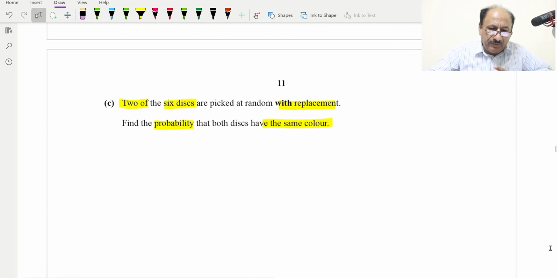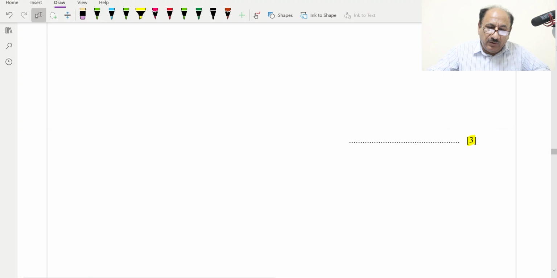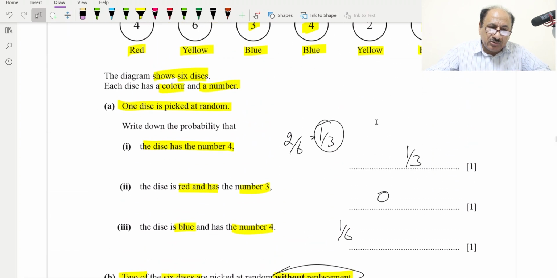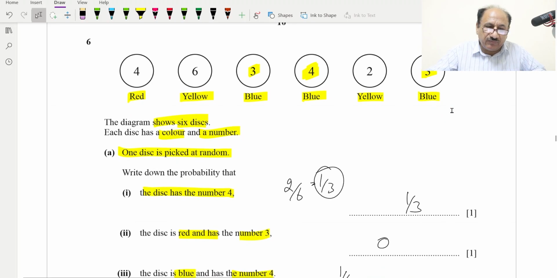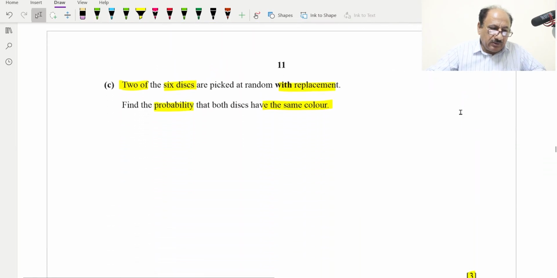Because we are replacing it, with replacement, we are putting it back, so even one will also have a chance to be picked again. For example, there is only one red, so for red also, because we are taking red out and putting it back, the second time also we will have a chance of getting red again. So we will now have three combinations.